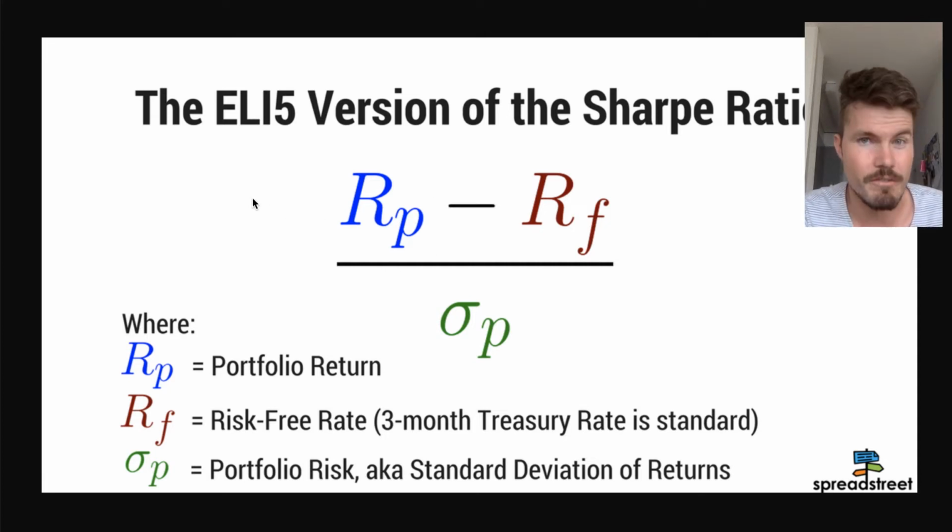That would be return on investment, and we subtract the risk-free rate of return. And for the risk-free rate of return, you use the 3-month or longer treasury rate, and that's the standard. And this funny symbol here is the volatility. So we divide the whole thing by volatility, or in other words, by standard deviation.